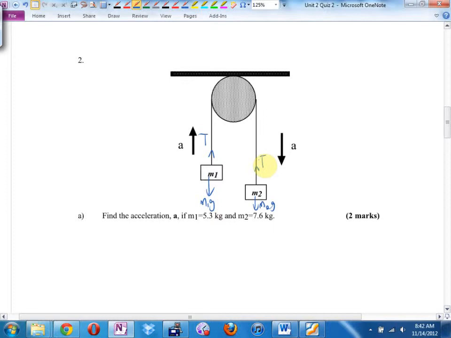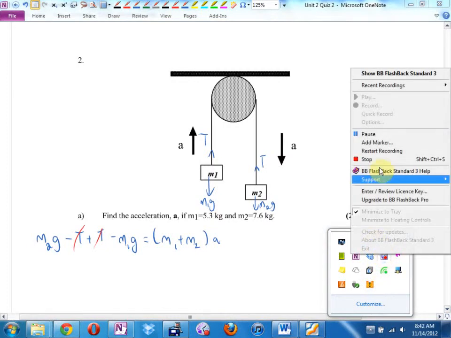Who's winning? It's going to be m2g minus tension plus tension minus m1g equals m1 plus m2 times a. Do my masses cancel this time, Graydon? So no. Good. My tensions cancel, however.